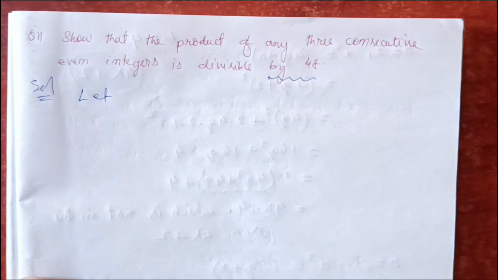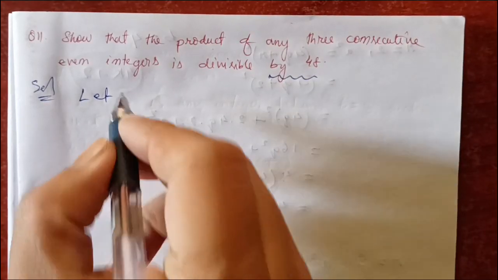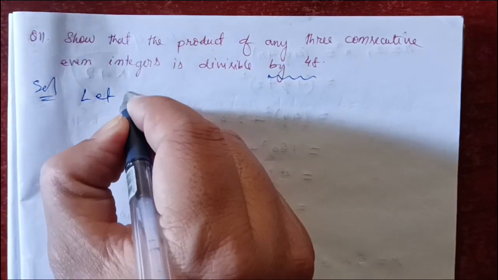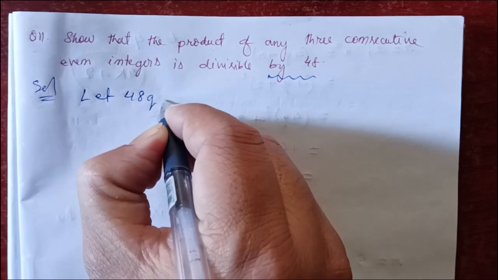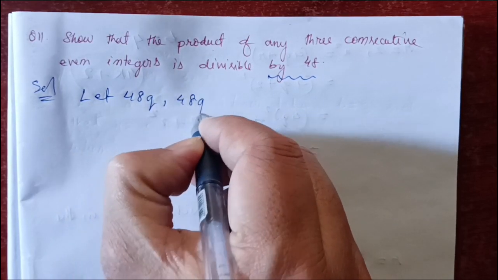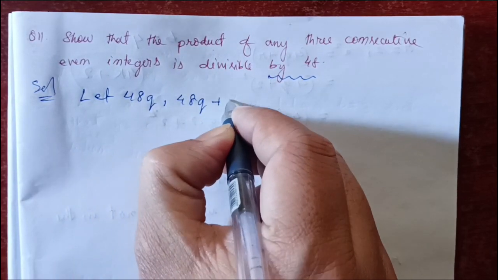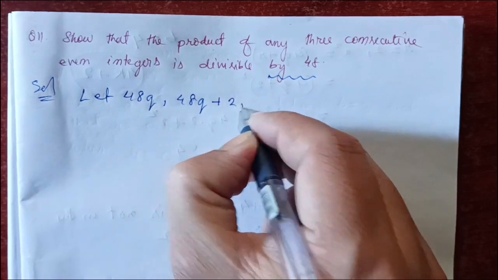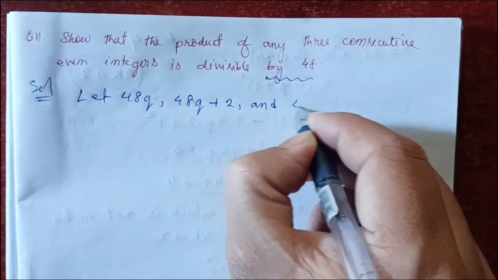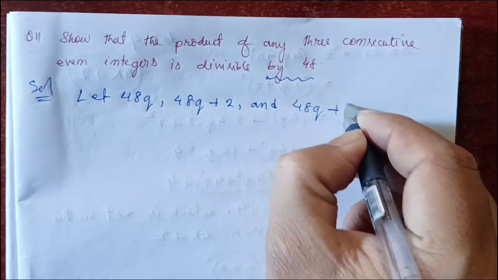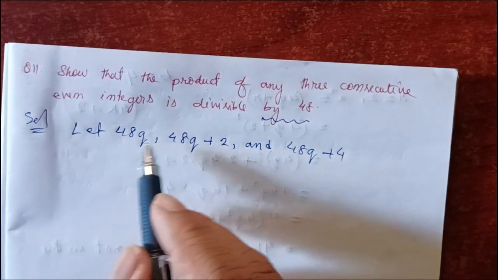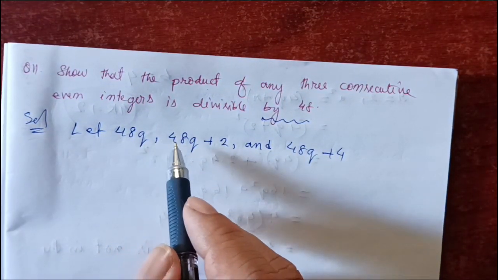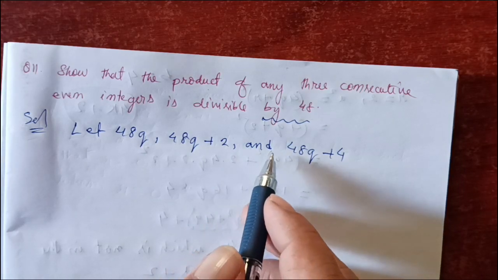Let 48q, 48q plus 2 and 48q plus 4. So we are not writing 48q plus 1, 48q plus 3.